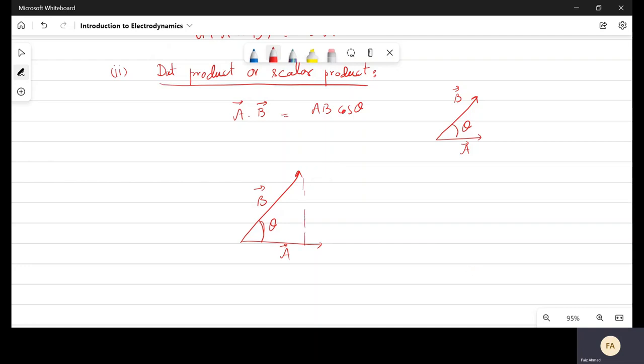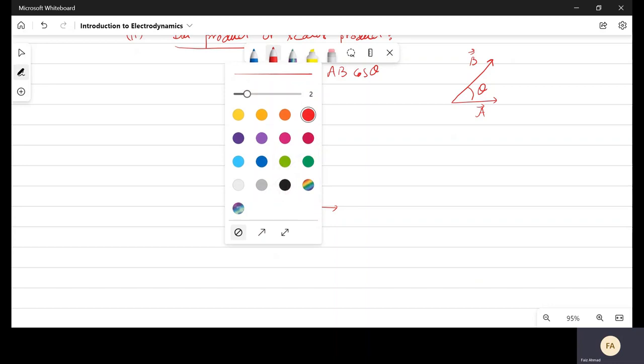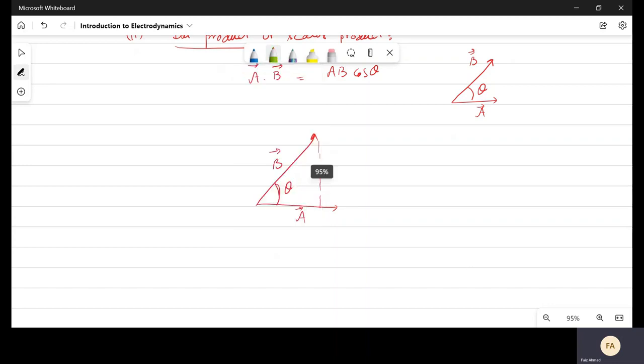So the projection is this length, and this is the projection of vector B over A. So this length is in fact B cosine of theta.